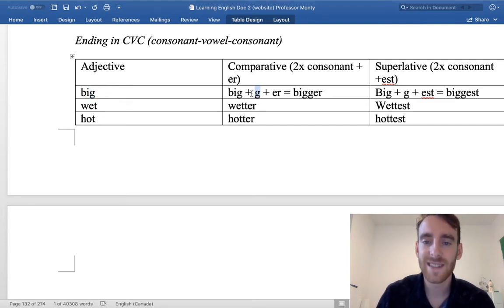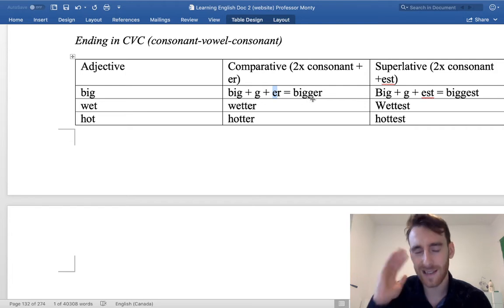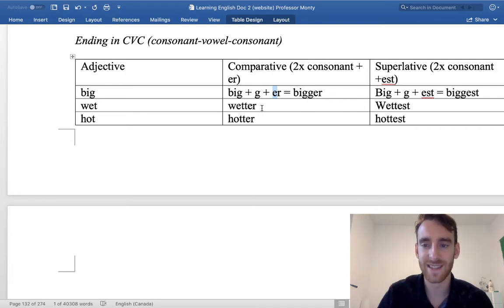Double that consonant and add ER. If you don't like this rule and you think it's too complicated, just remember, okay, bigger, I need 2 G's. Wetter, I need 2 T's. Biggest, I need 2 G's. Okay?